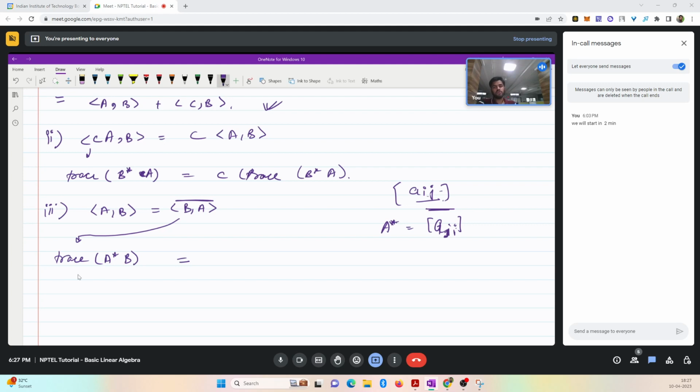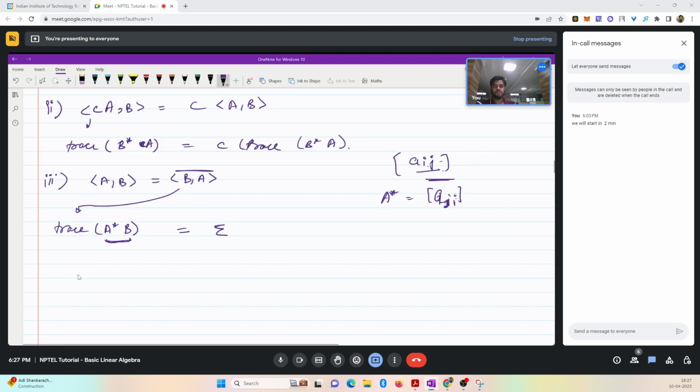So if we want to find the trace, what I want to do is find the sum of the diagonals of this matrix multiplication. Okay. First of all, let's see how this matrix multiplication would look like.